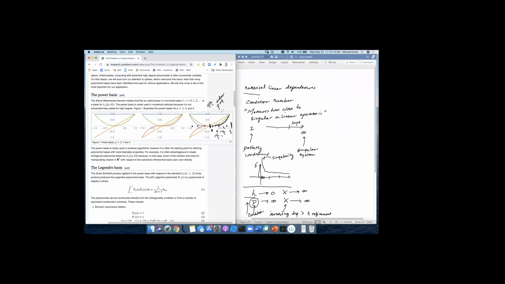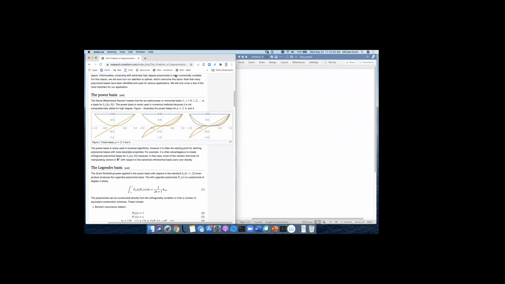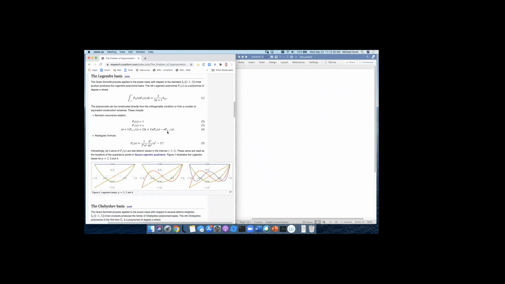What you'll find with these bases, if we move to the Legendre and Chebyshev bases, is that these orthogonal bases have much superior conditioning properties in comparison to the power basis.